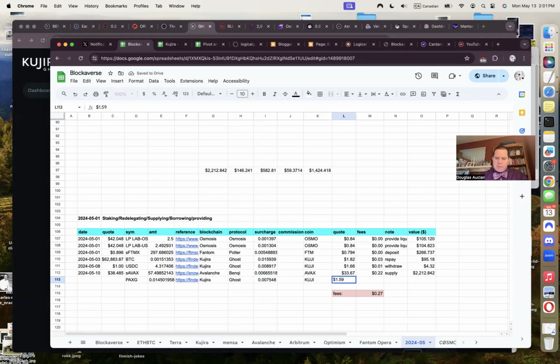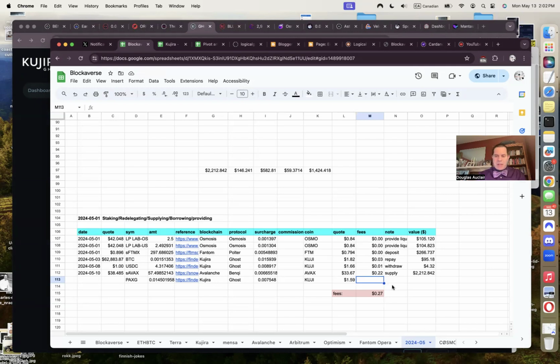You see the price of Kuji has fallen from $1.82 to $1.66 to $1.59. So Kuji's price is going down, down, down. But because I bought liquidated Kuji at a 20% premium, I am still making a 30% gain on the transaction of using gold as collateral, buying the liquidated Kuji, swapping that liquidated Kuji back to gold.